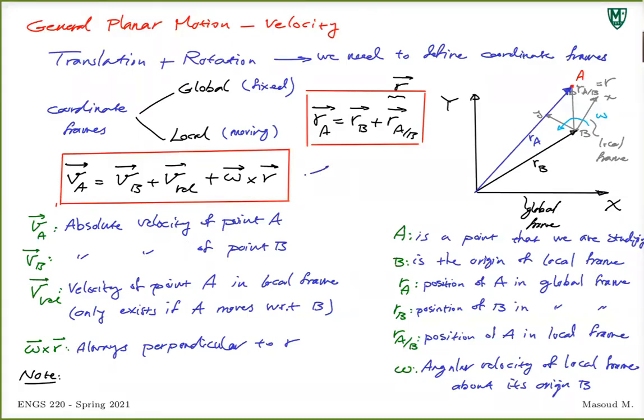This equation here, just pay attention that V is a vector, so it has a magnitude and a direction. V_A, V_B, V relative, omega cross R. They all are vectors, so each component has a direction and a magnitude. So they all are vectors and have directions and magnitude.